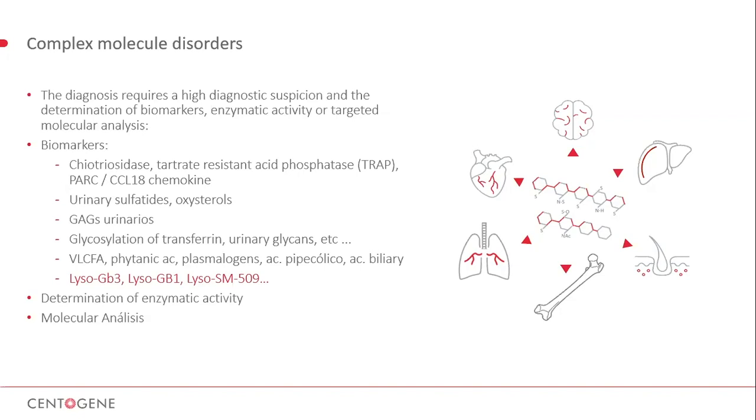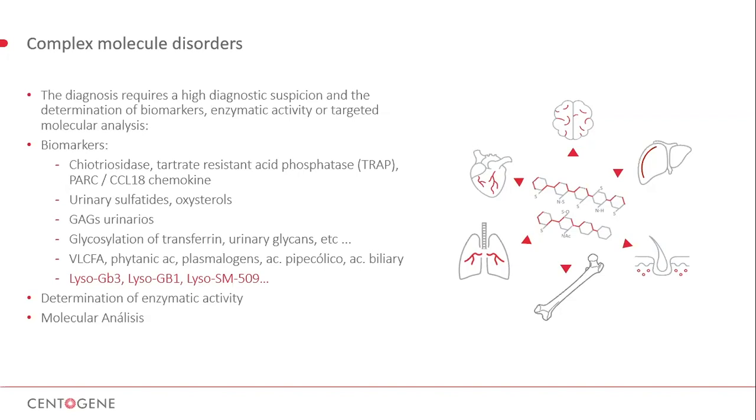But whenever we are facing complex molecule disorders, these laboratory tests won't be so informative. Here in the routine tests, we will find some very ambiguous and non-specific findings, more related with the organ dysfunction, like maybe a rise of the liver enzymes or some alterations in the lipid profiles. So whenever we want to diagnose these disorders, we have to have a very high level of suspicion.